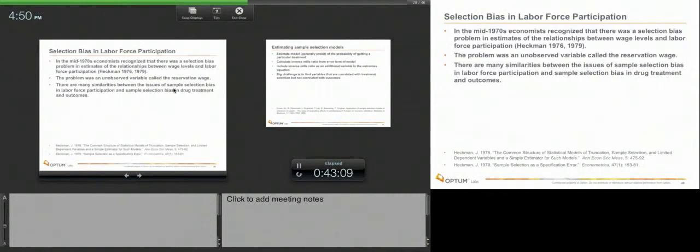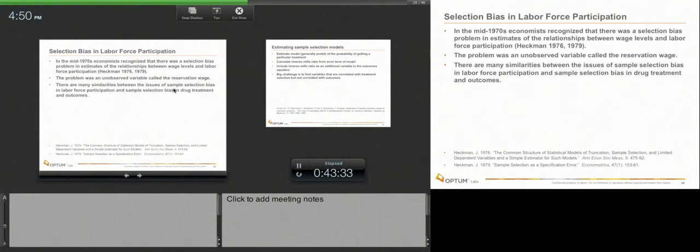Then you could subset down to the employees that were in the labor force, get the error terms from that selection equation, and plunk those in. So that was the idea, and it started to be applied to labor economics.